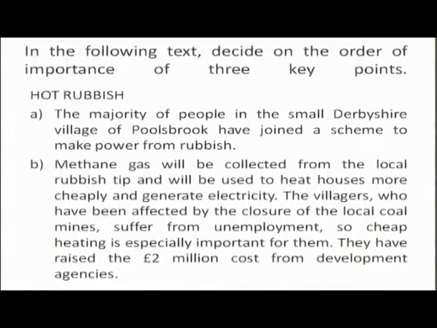So, these are some methods you can use to make notes. Moving on, we will now attempt some exercises. Here are some texts, and in this particular text we will decide on the order of importance of 3 key points.